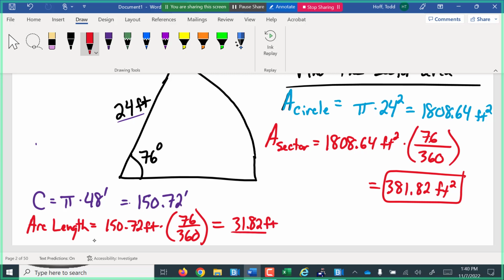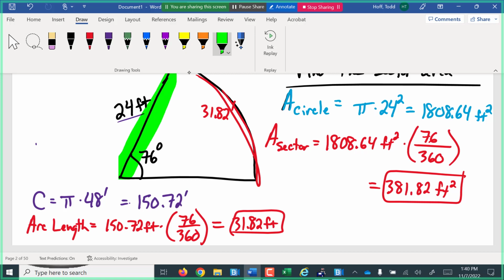But that's not our whole answer yet. All that gives us is this arc length here. We asked for the full perimeter of that figure. What two sides do we still need? Well, we need 24 and 24.